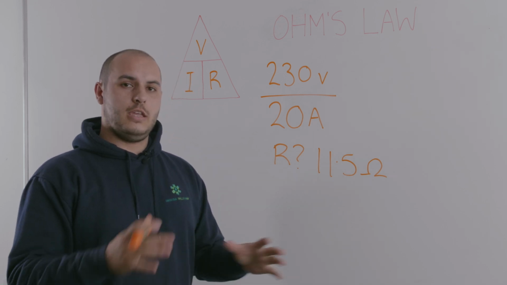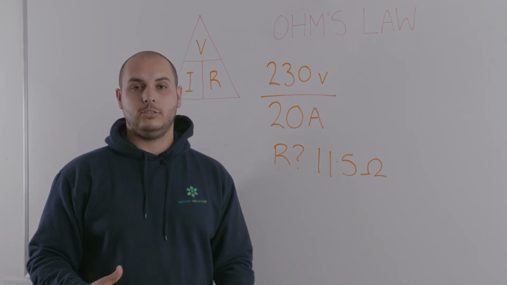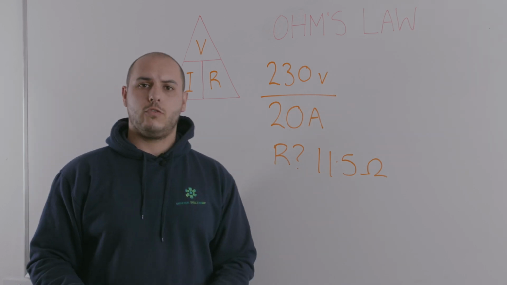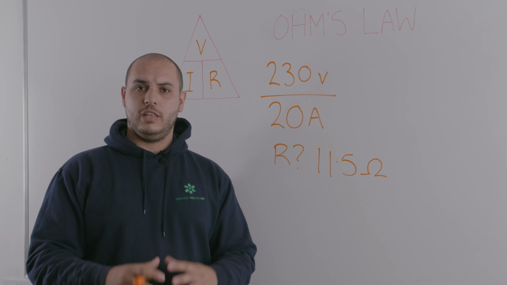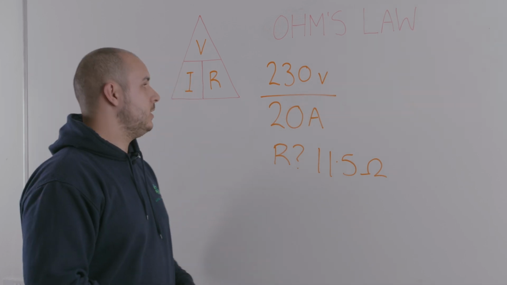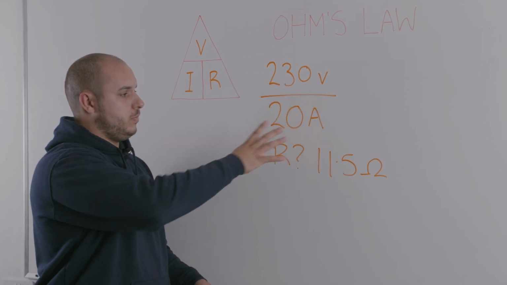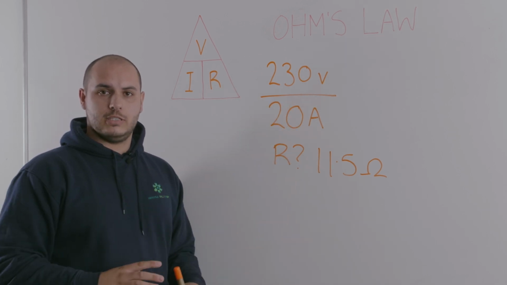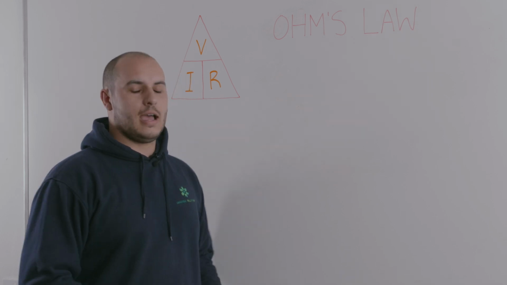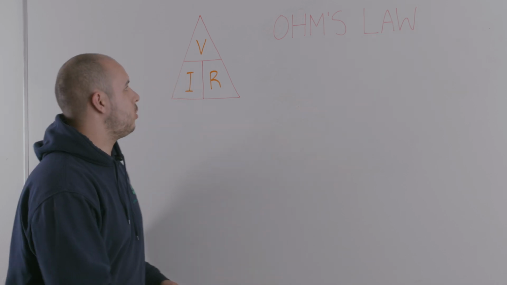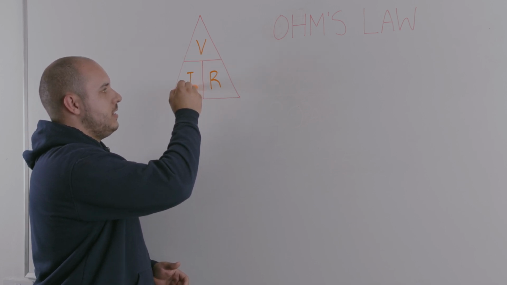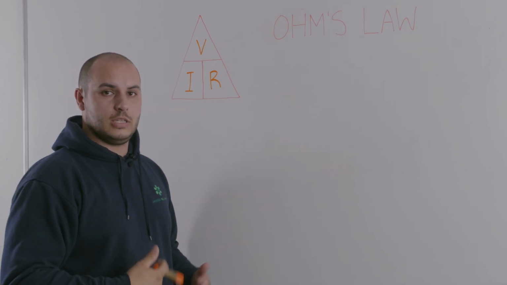So let's look at the opposite way, and basically the same applies all the way around the triangle. All you need to do is just ensure you've got two of the figures and look at the relationship between them to know where you need to put those values as well. Okay, so we'll put this one back and we'll look at a different setup. So we've looked at how you're going to find the resistance, okay, and I explained to you that basically you're going to use whatever value is in the top, you would divide by the value below to get the other one, okay?